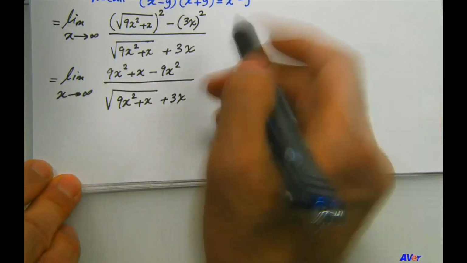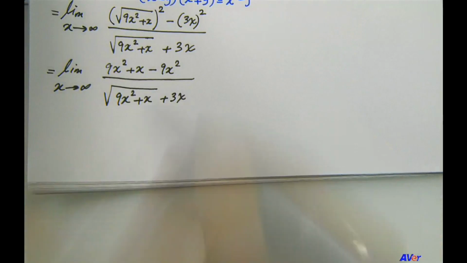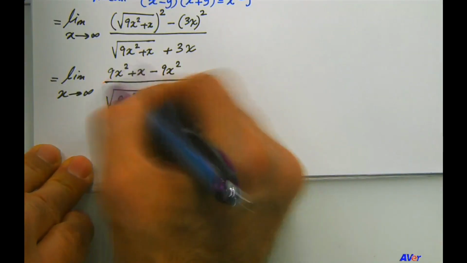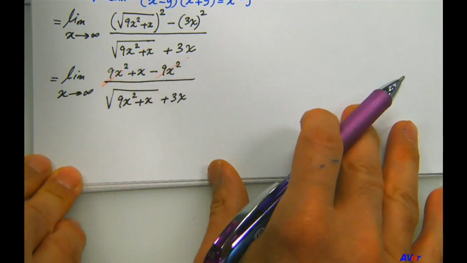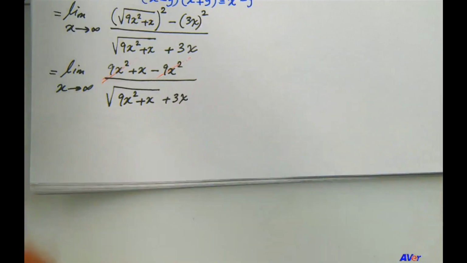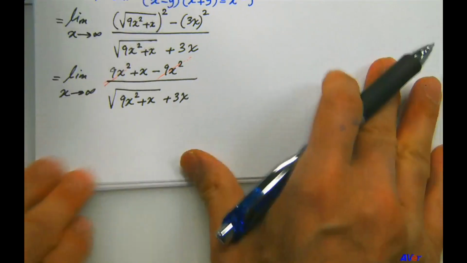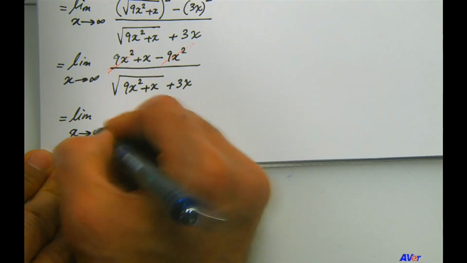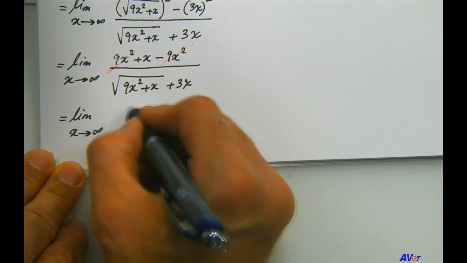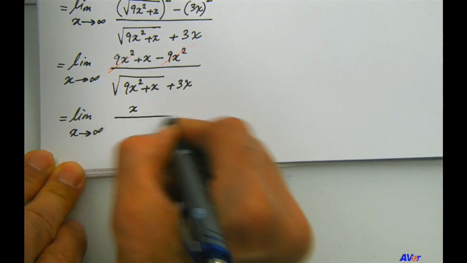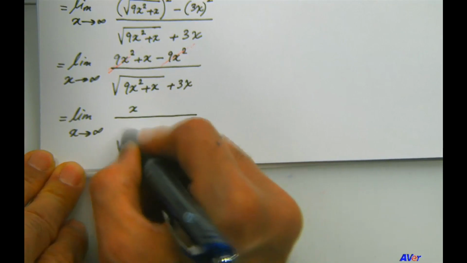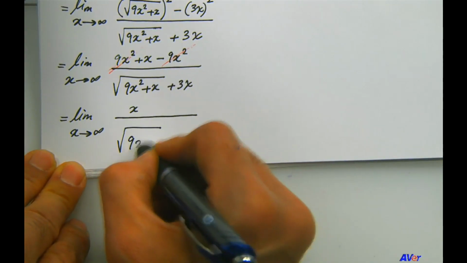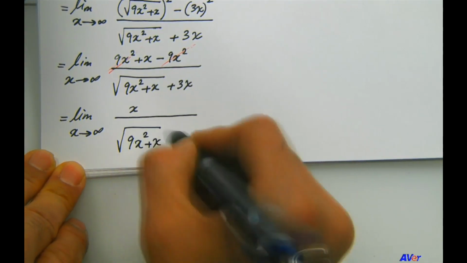And of course, you can see right away that 9x squared and minus 9x squared add up to 0. So in the numerator, we get the limit as x approaches infinity of x divided by square root of 9x squared plus x plus 3x.